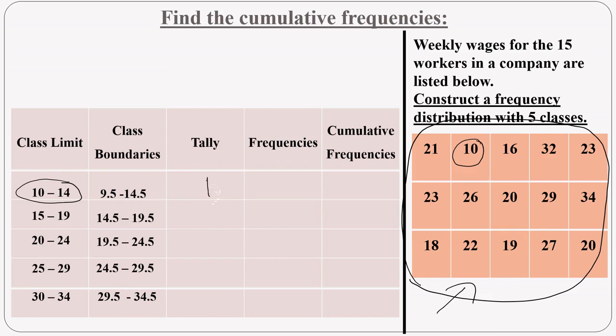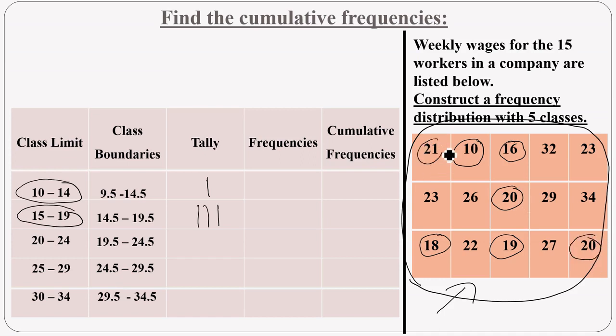You got the point? And focus on the second one, 15 to 19. How much are you getting? See, we are getting 16 and we are getting the next one 18 and we are getting 19. So 3. So you need to write 3. Right? When you check the next one, 20 to 24, you see how many values are there? 22 values are there.